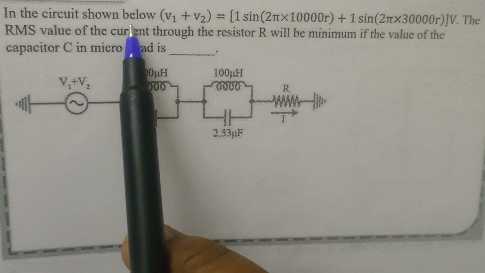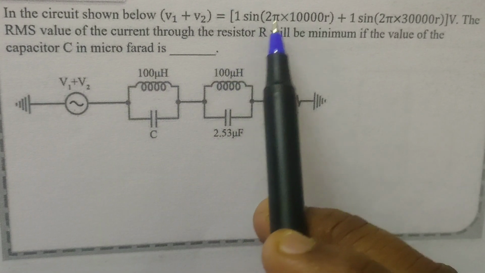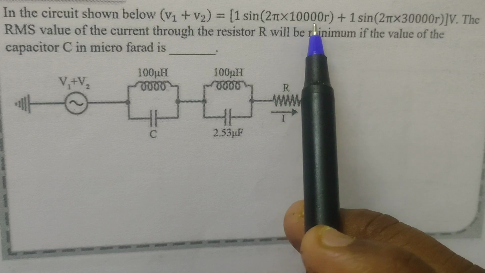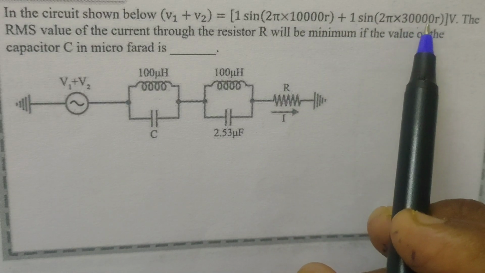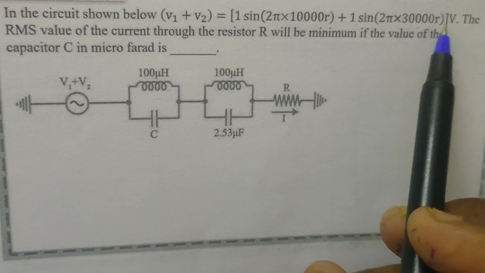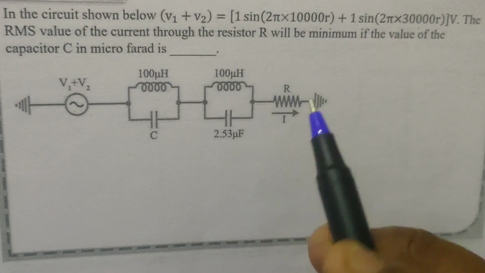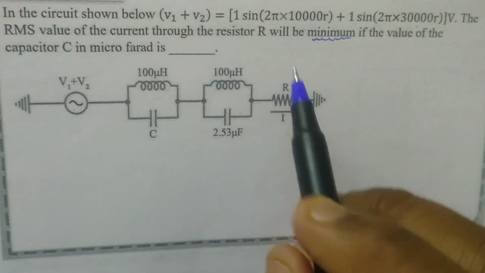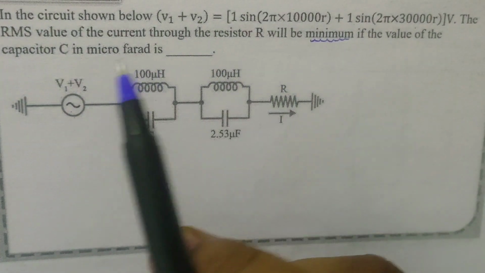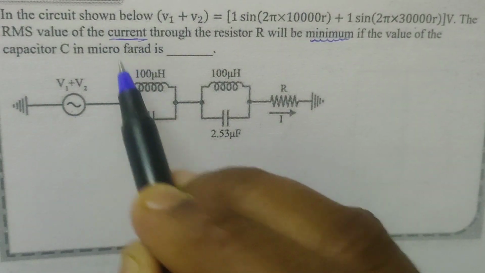In the circuit shown below, the sum of the two voltages V1 plus V2 is sin 2 pi omega t plus 1 sin 2 pi 30,000 t. The RMS value of current through the resistor will be minimum if the value of the capacitor is what? So he is asking about the RMS value of current through the resistor.